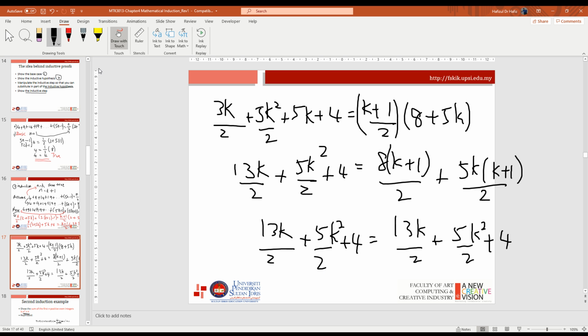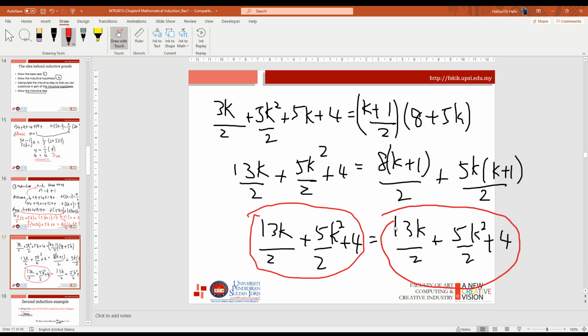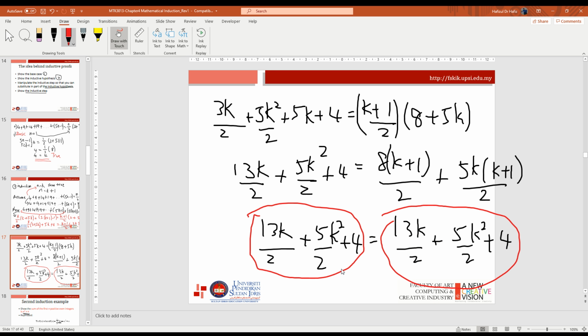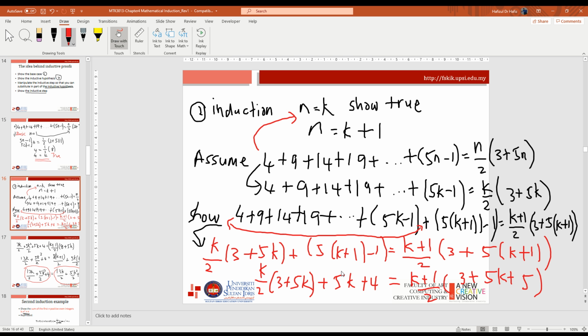Okay, this one is the same. Can you follow? This one must be the same as this one. 3k plus 5k power 2 plus 5k plus 4, okay. Okay, can you follow?